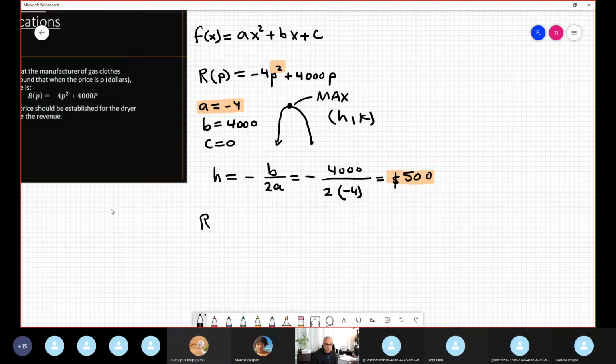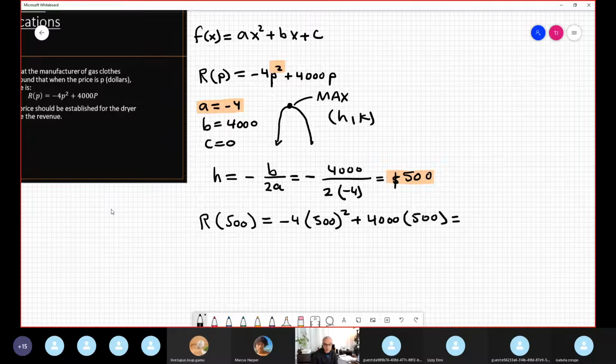Revenue at 500 is equal to -4 times 500 squared plus 4,000 multiplied by 500. Okay, you put it in a calculator, it doesn't matter. The arithmetic is not important, it's $1 million.